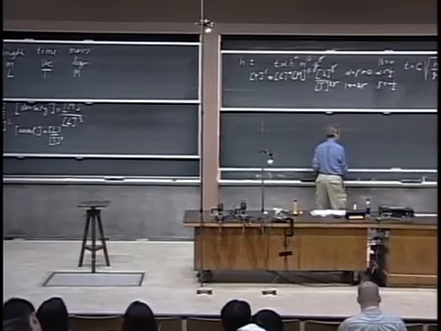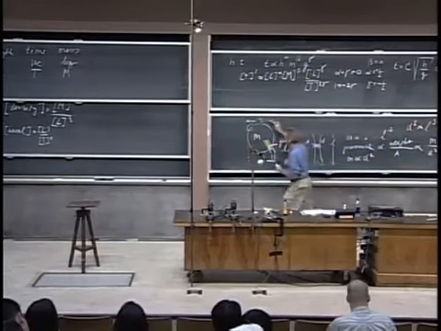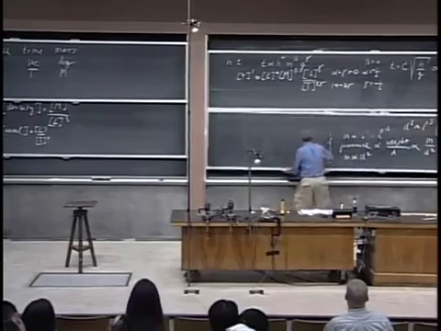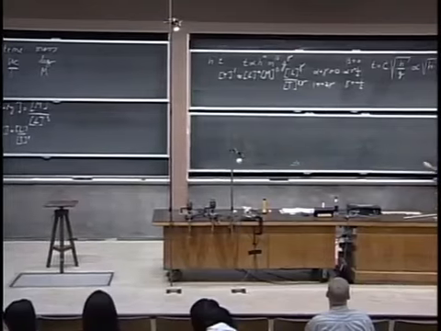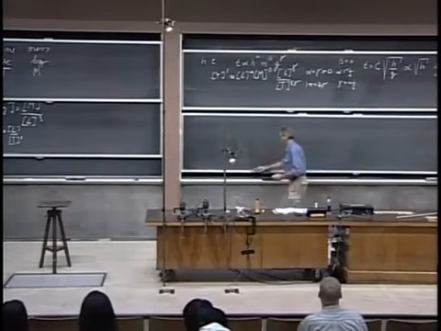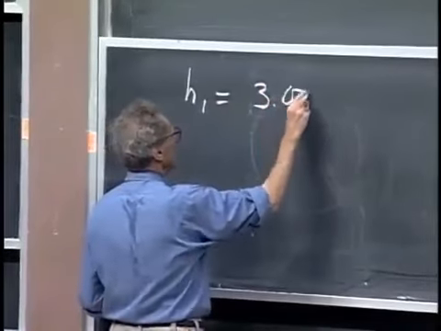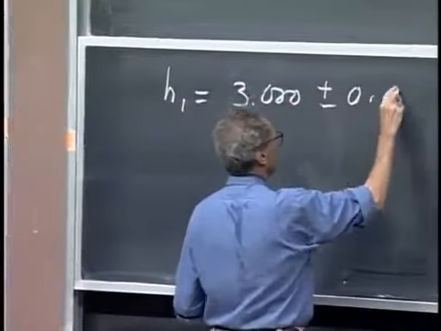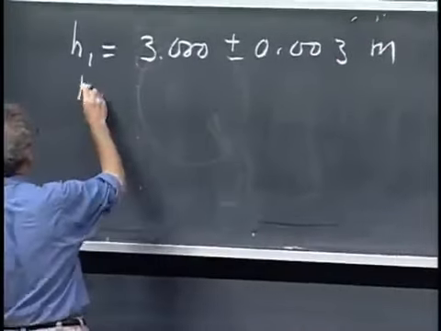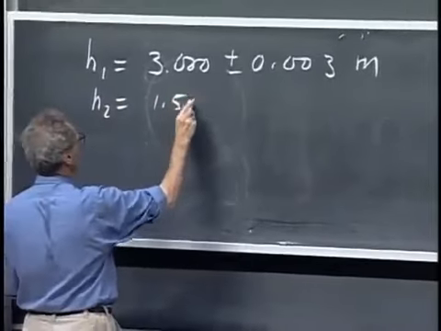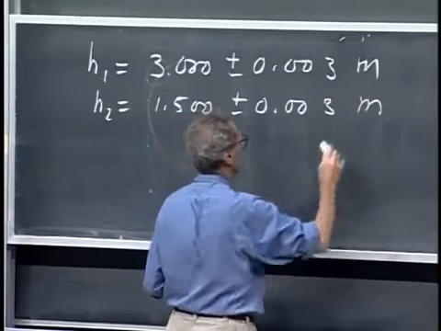I have here something that's going to be a prediction of the time that it takes for one apple to fall divided by the time that it takes for the other apple to fall. H1 is 3 meters, but I claim there is an uncertainty of about 3 millimeters. Can't do any better. And H2 equals 1.5 meters, again with an uncertainty of about 3 millimeters.